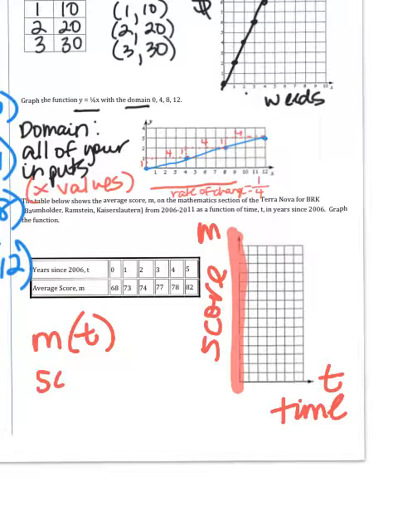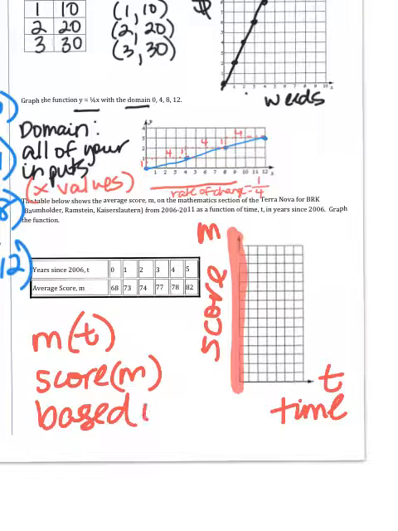So it's the score M based on time, which is t. Okay? We'll practice these a lot, so if this doesn't make sense right away, it's okay.